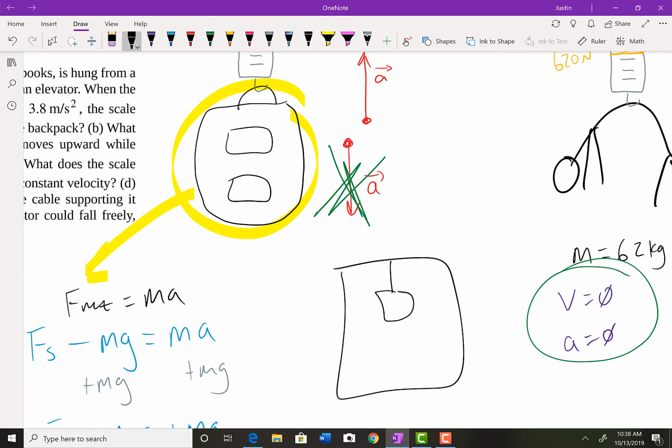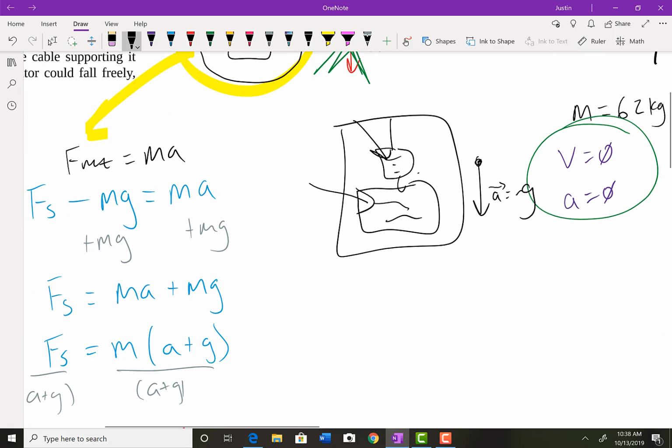here's the spring scale, here's the backpack. If the elevator is falling freely, that means its acceleration is equal to negative g. And so if its acceleration is negative g, well, these things are also going to be falling freely, both the spring scale and the backpack. Everything is going to be falling at the same rate, negative g.